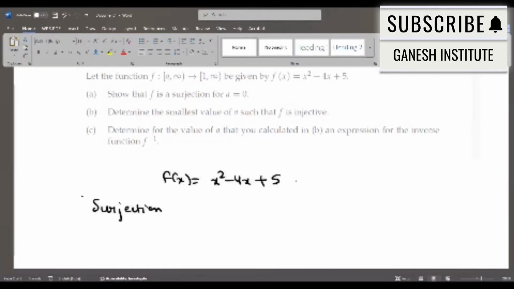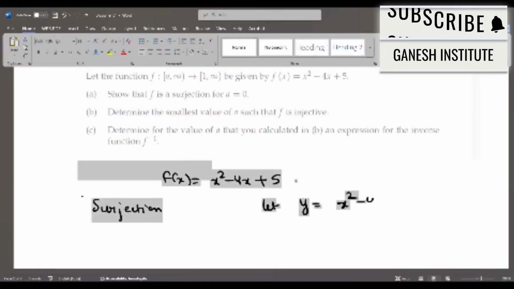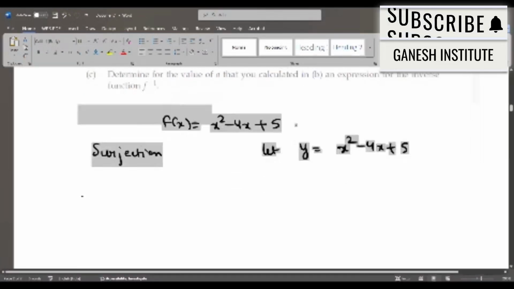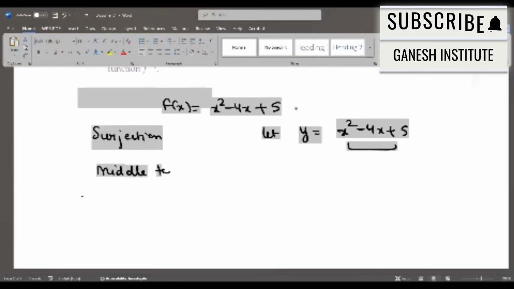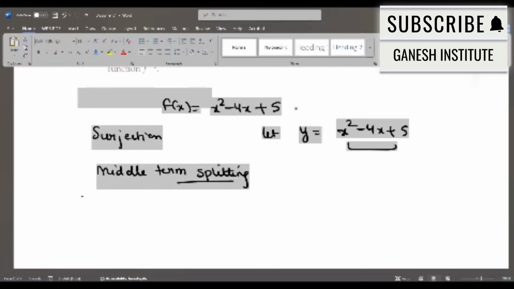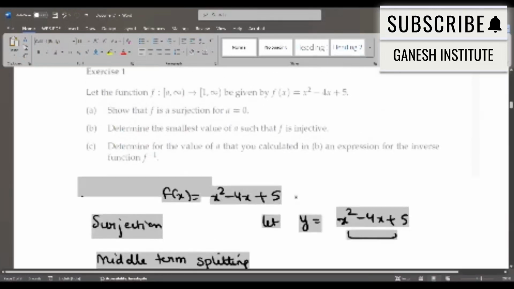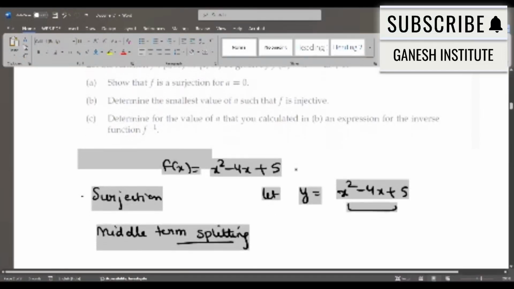So for onto, what do we do? You would simply say that y equals x squared minus 4x plus 5. Find out the value of x. Solve it. Do you know middle term splitting? Solve it for x. Tell me what are the roots. x minus 2 squared plus 1.